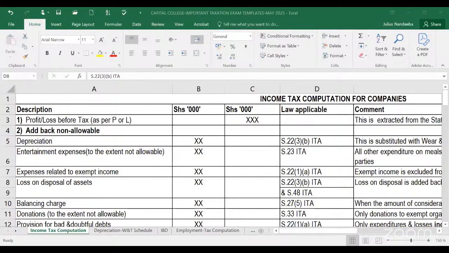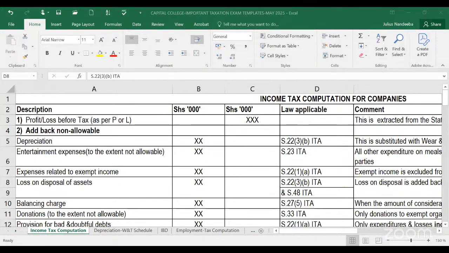The next profit that you normally find is before interest and tax. Again, that is not the profit we are looking for. After you have removed interest, what you call finance cost, you normally get the profit before tax. Now, the profit before tax is what we want to tax.